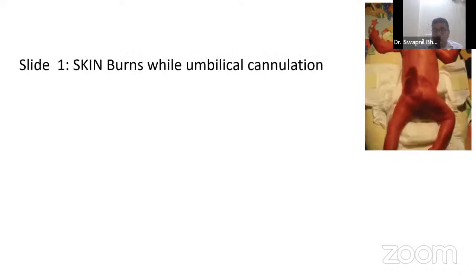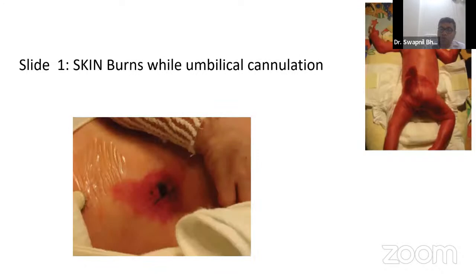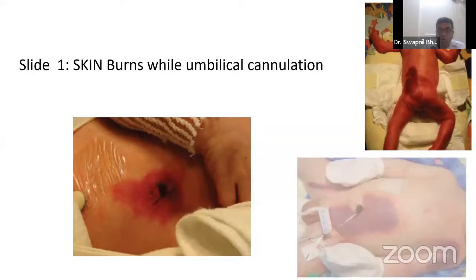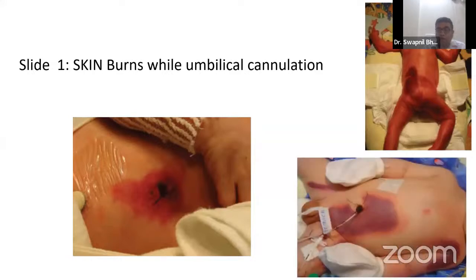You can see this baby developed this kind of burn rash after some procedure. This is a very common procedure, umbilical catheterization, we generally do, and subsequently, the next day or day after, there is some kind of erythema around that catheterization area. Now these are all examples of nothing but a chemical burn with the use of either betadine, that is povidone iodine, or alcohol with chlorhexidine.